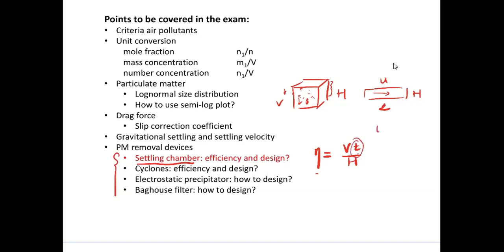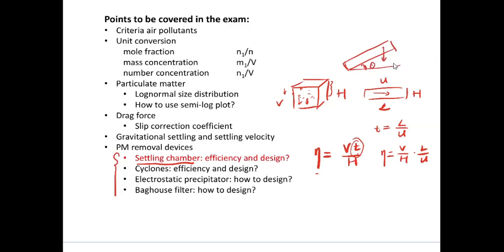The time will be equal to L divided by U, okay? So for a horizontal duct, we have V divided by H multiplied by L divided by U, and the V here is the settling velocity. This is a horizontal duct. We also gave an example of when it is a tilted duct, facing up, right?